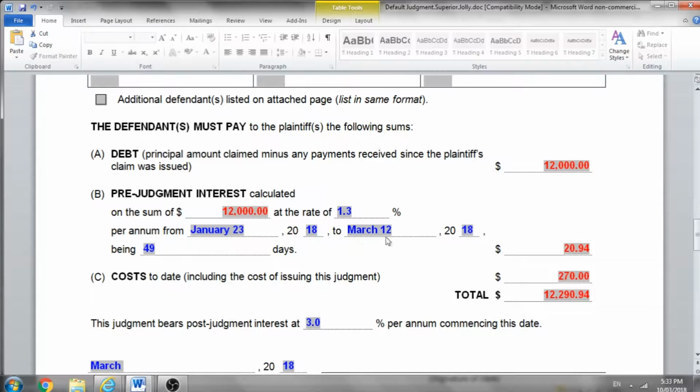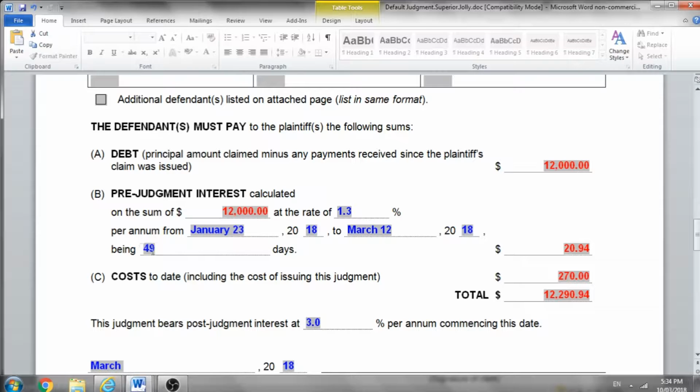Now, here's what we do here. When we're preparing this form, we sort of have to look into the future and calculate when we're going to be filing this form. So if we believe that this form, or default judgment, is going to be issued and entered on March the 12th, we're going to type in March the 12th, and then we're going to calculate the number of days between the date that the plaintiff's claim is issued and the date that the default judgment is issued and entered.